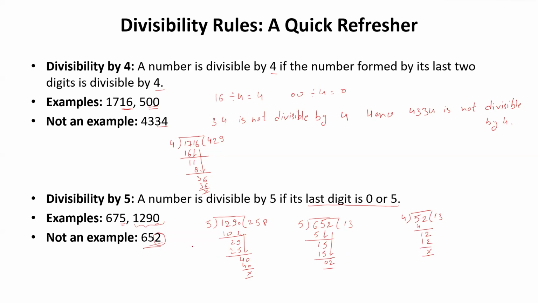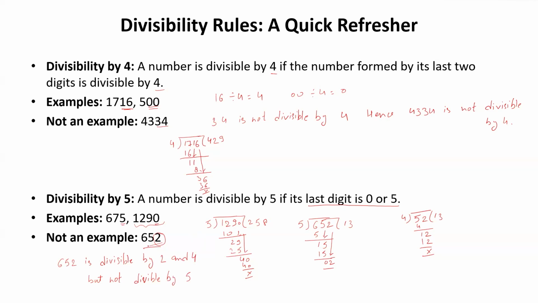It is divisible by 4. So, 652 is divisible by 2 as well as 4, but not divisible by 5.